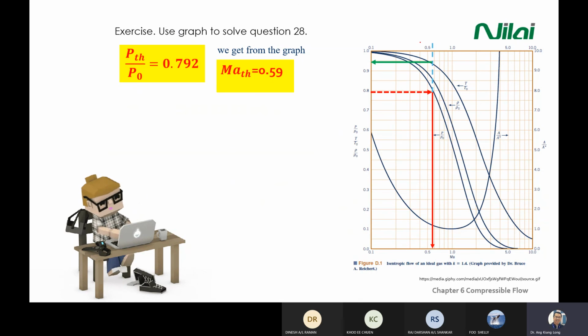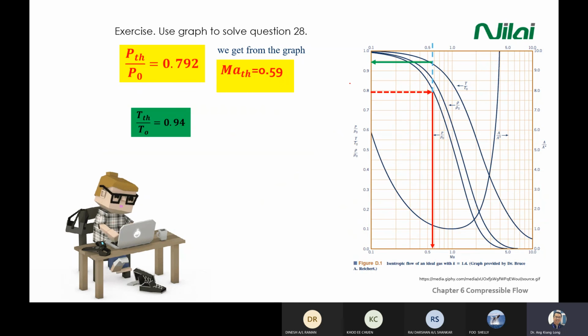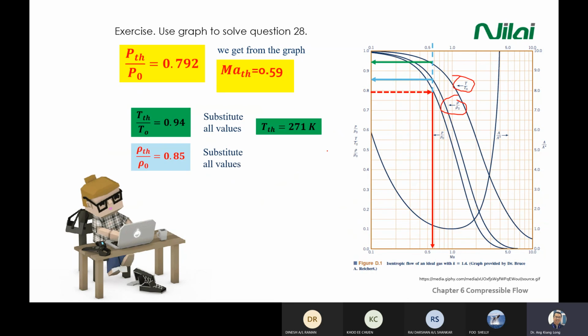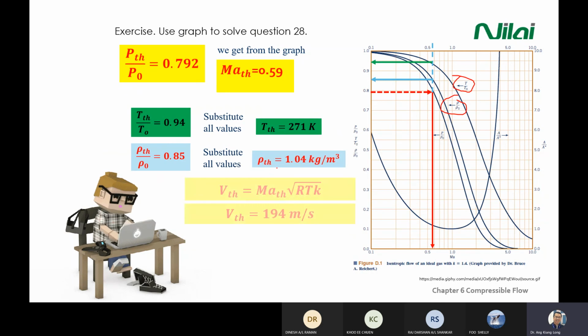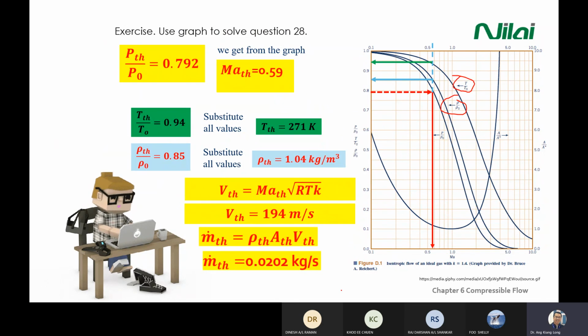From the same Mach number, you move to the left, you'll get the throat value. I label as green color, then you can find the density with the blue color, this one from the graph. Substitute, you find the temperature and density. Velocity, you get 194 meter per second. Okay, so this is how you do it by using graph method.